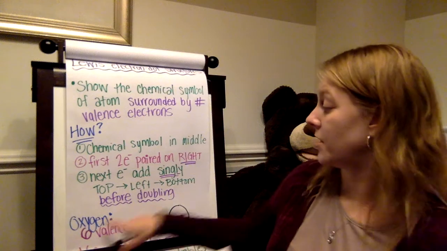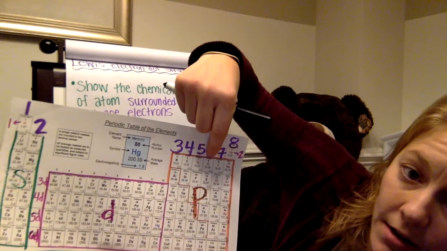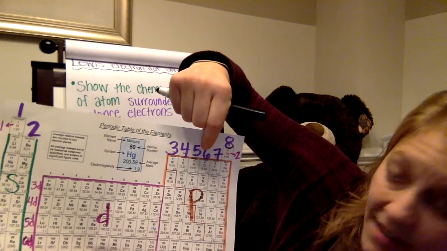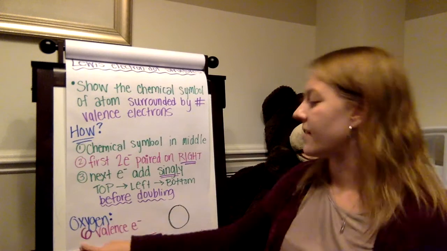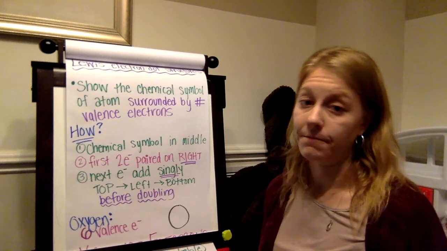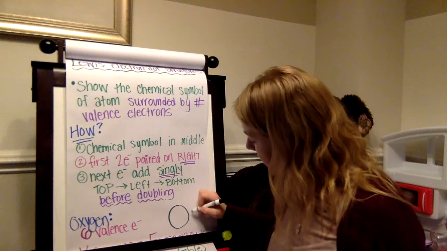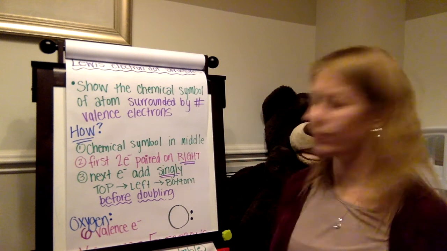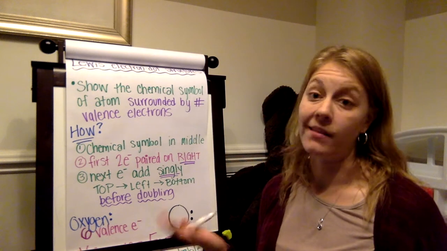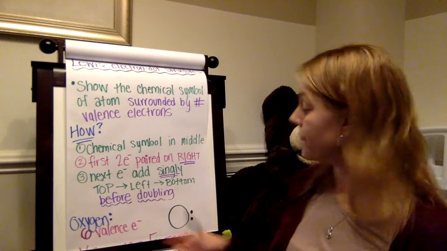We're looking at oxygen, which we can see on the periodic table is right here. It's in group 6, right? So it has 6 valence electrons. We need to draw those in. The first 2 electrons are paired on the right. Here's 1, 2, right? That would be considered our first filled energy level, if we're looking at helium.